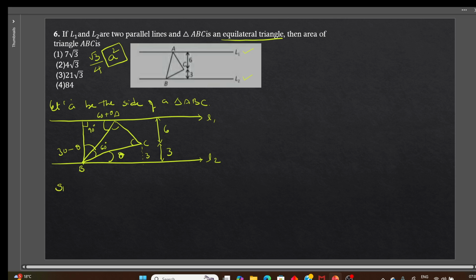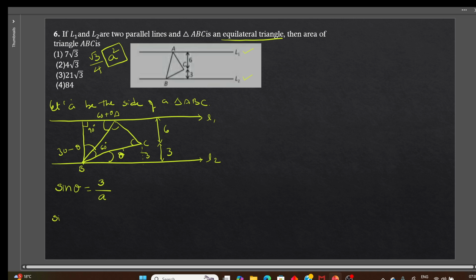Now consider sine theta. Sine theta is the opposite side by the hypotenuse, so 3 by hypotenuse. What is the hypotenuse here? A is the hypotenuse, because A is the side of the triangle.